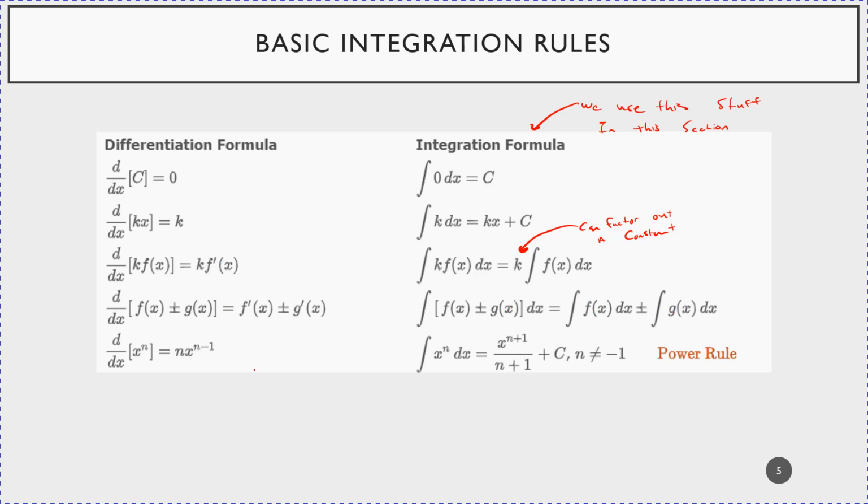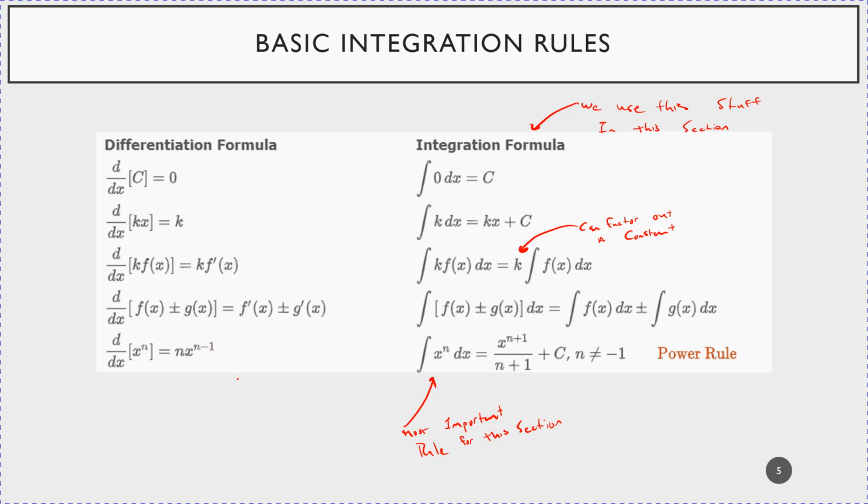Now this is the rule we're going to use the most today. So look, we know when we differentiate x to the n, you bring the n down by multiplying, and then you take x and raise it to the n minus 1 power.